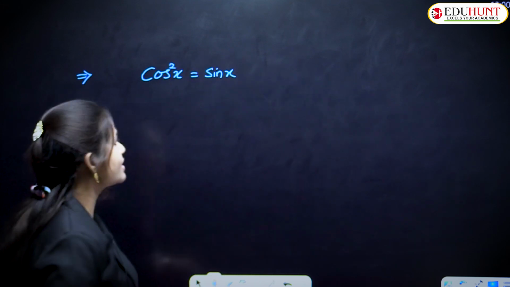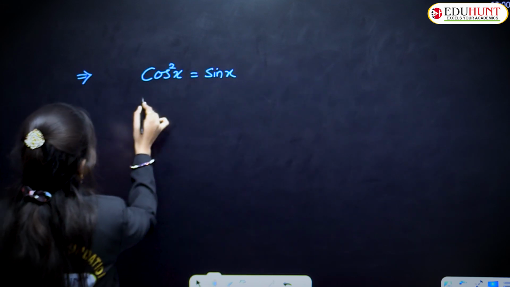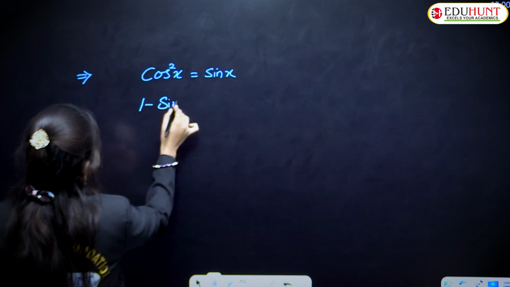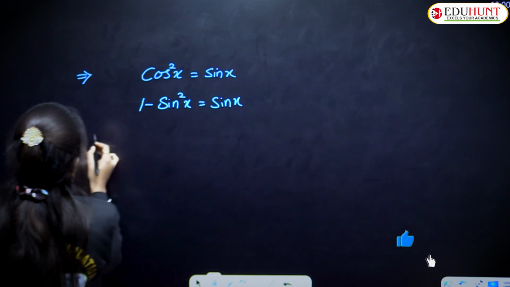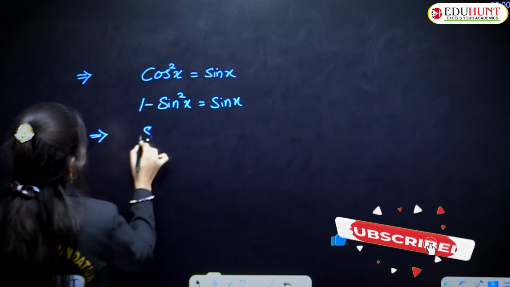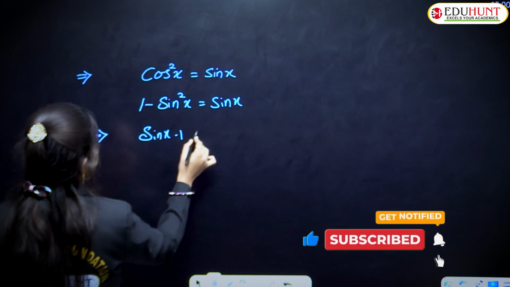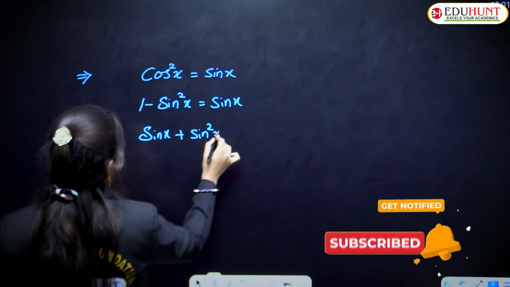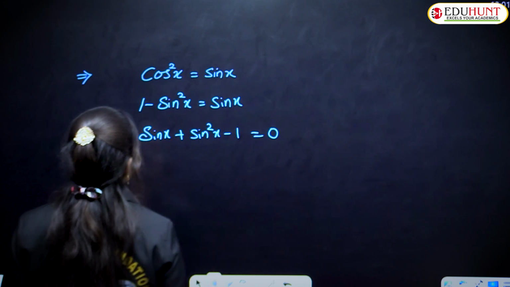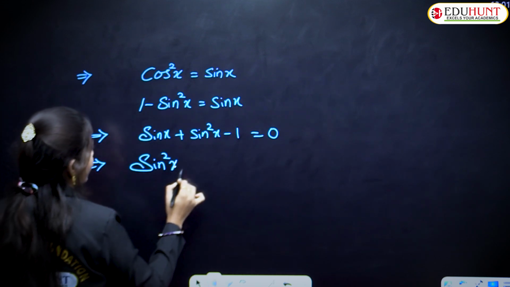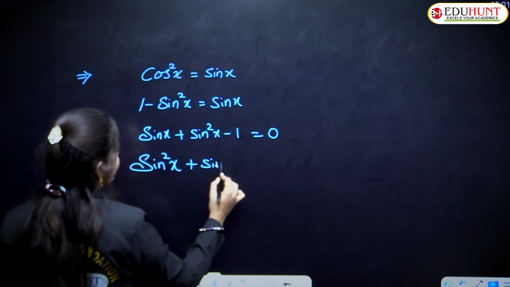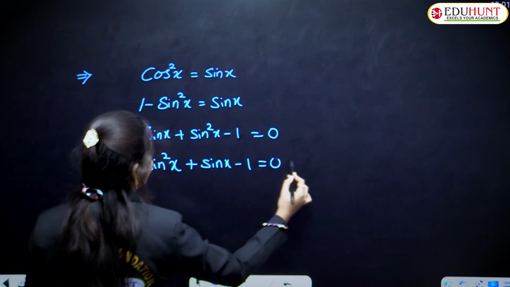So sin x plus sin square x minus 1 is equal to 0, that is, sin square x plus sin x minus 1 is equal to 0.